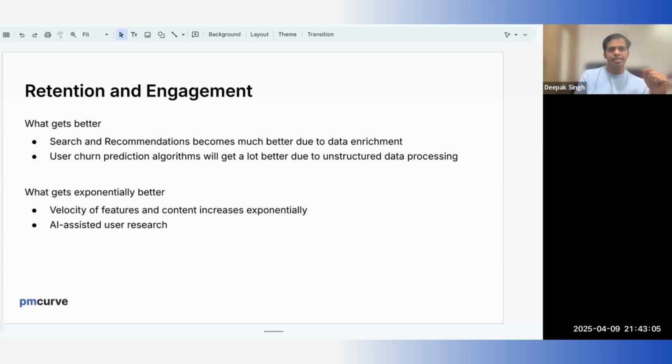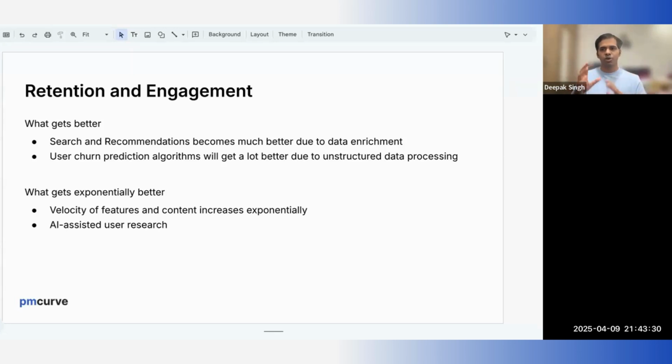The second thing is the churn prediction algorithms will also get a lot better, because so far we were doing some data modeling, some regression analysis, and saying, okay, if the person has done this activity, they're going to churn. If a person has not done this, they're going to churn. Now you have the benefit of adding all the support tickets to the data.